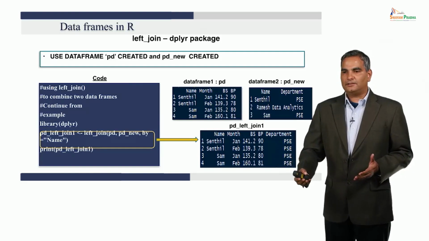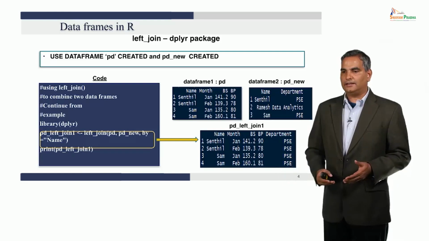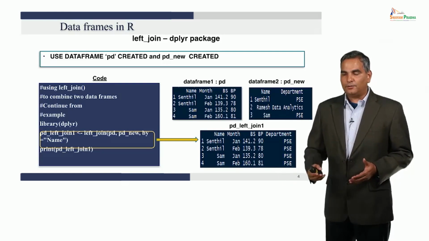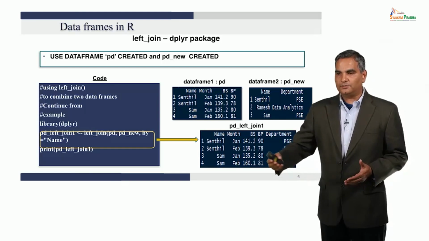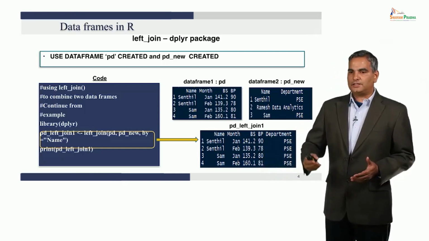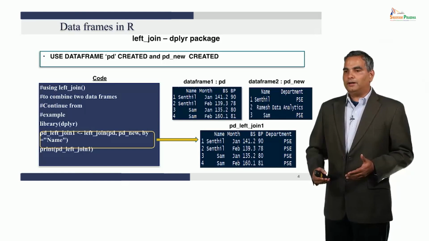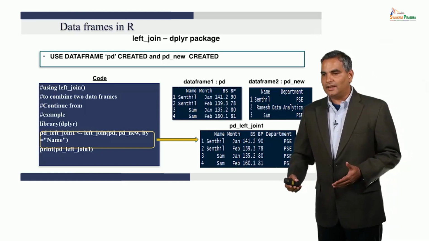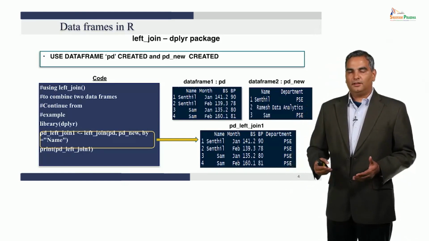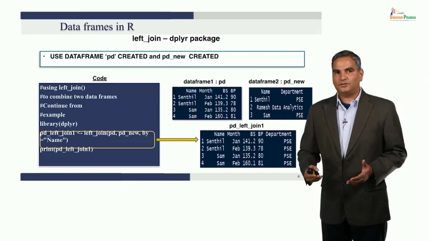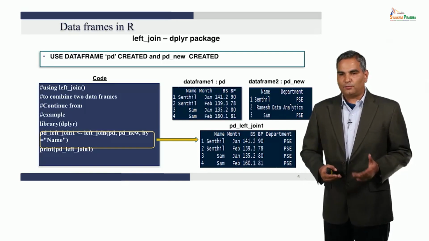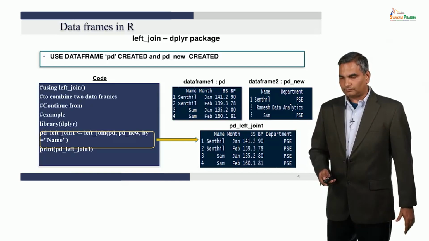So in this case, when I join this, you see the result here. It has added information for Senthil and Sam in terms of a department, which was information that came from PD new. But unfortunately, since Ramesh didn't have any information in PD, that name got left out. So this is left join with PD as the first argument, PD new as the second argument.